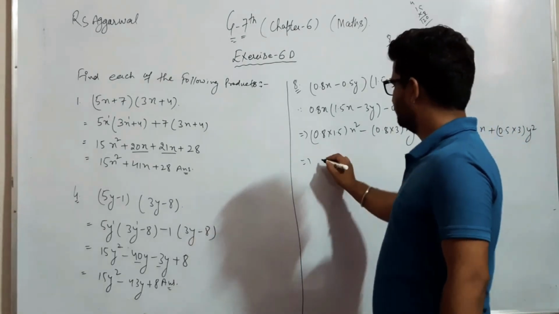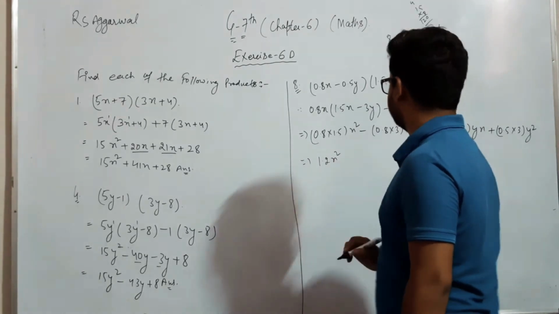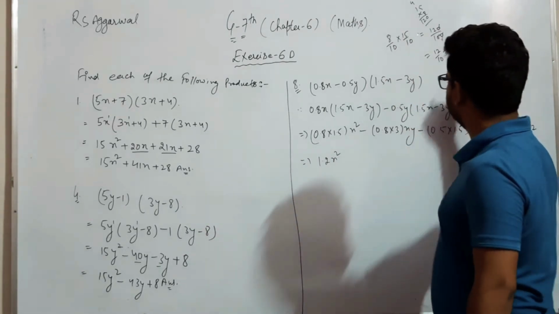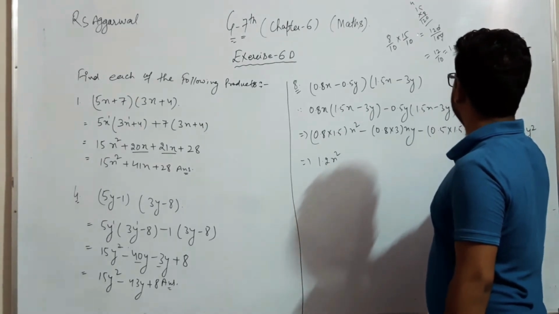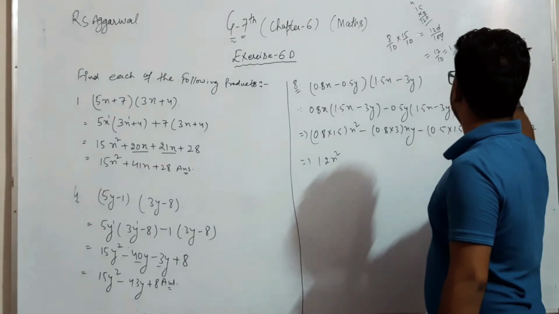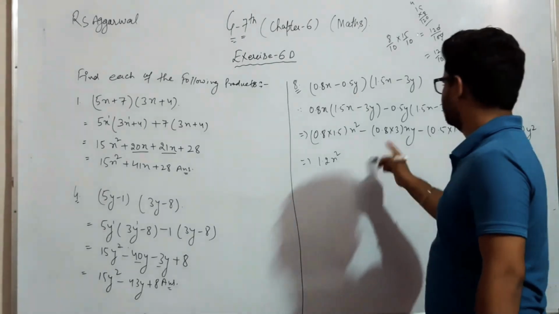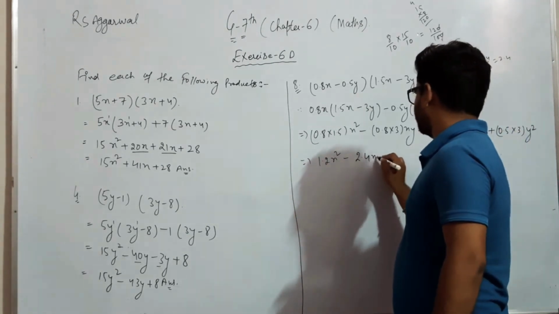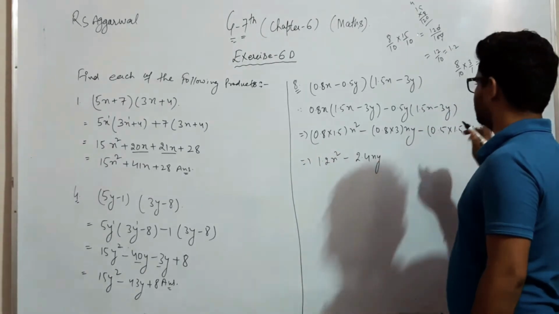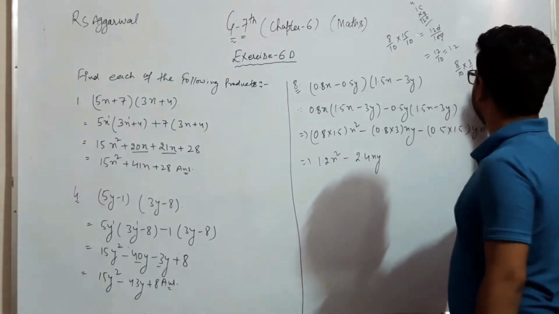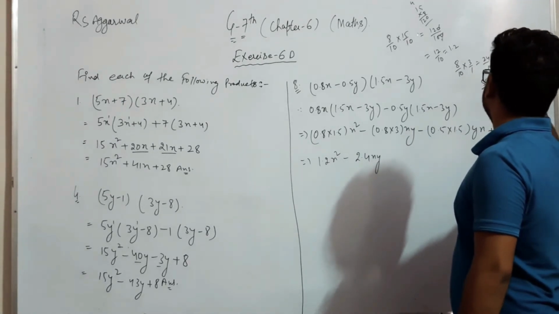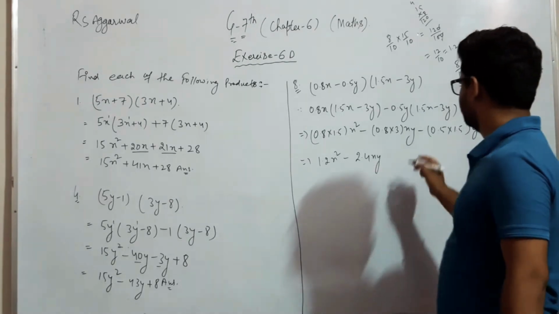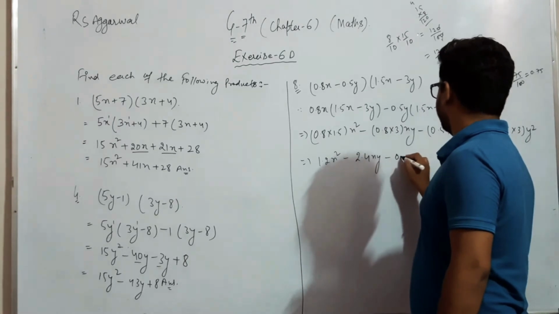So 1.2x raised to power 2 is left. Next, 0.8 multiplied with 3: 8 by 10 into 3 is 24 by 10, so in decimal 2.4xy is left. Next, 0.5 multiplied with 1.5: 5 by 10 into 15 by 10 is 75 by 100, so it will be 0.75. We write this one as 0.75.